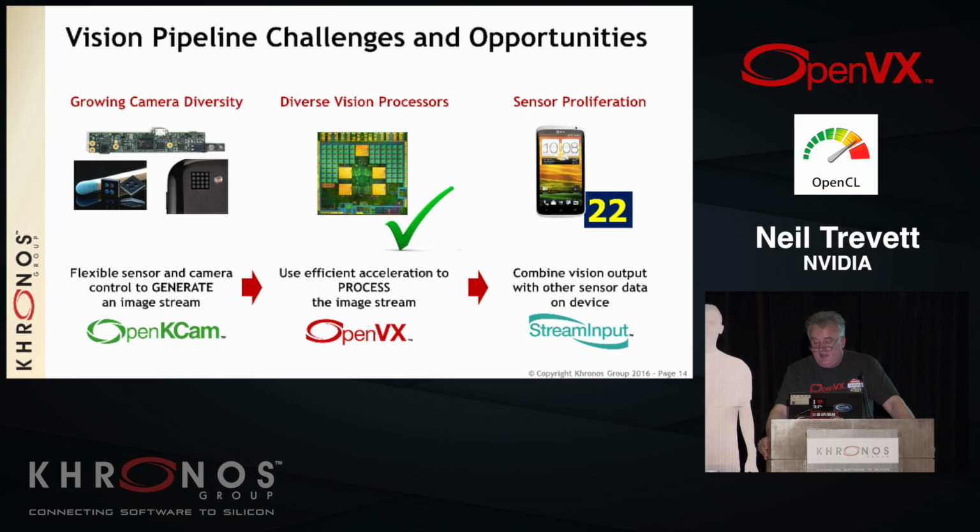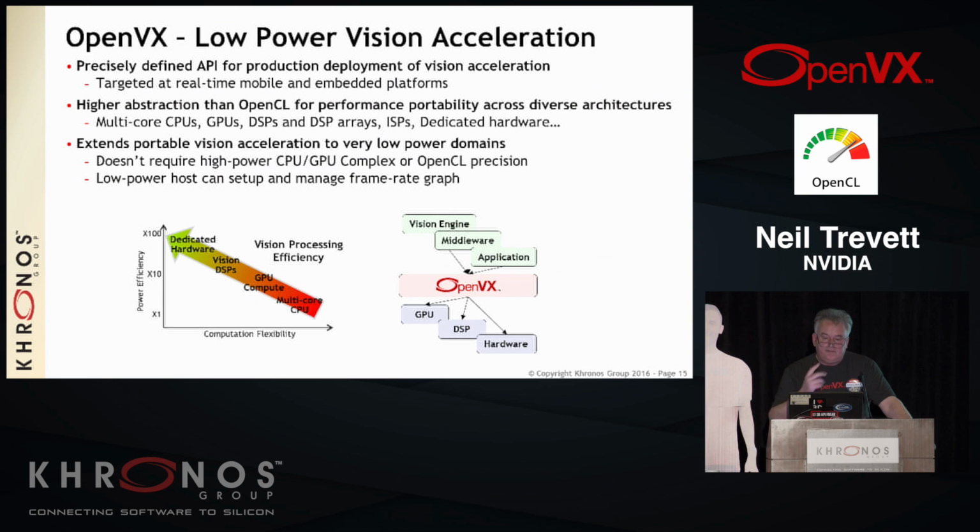It's probably more now, because that was a few weeks ago. How do you abstract all those sensors and do sensor fusion and present to an application just high-quality results from sensor fusion? Again, there's no cross-platform API for that, and we have another embryonic project that we're trying to figure out whether the industry would use or not, stream input. But the API we have is OpenVX. So let me talk about that.